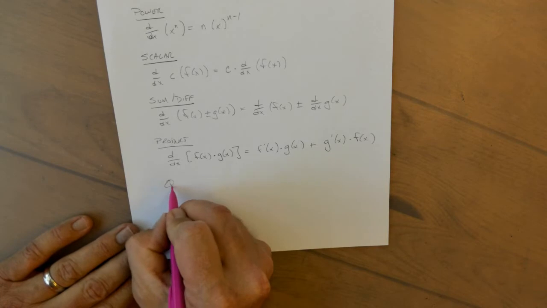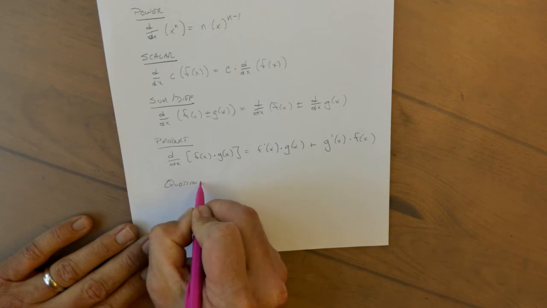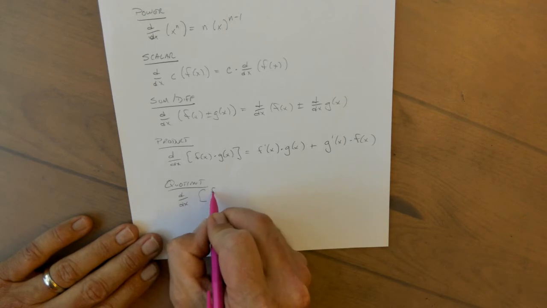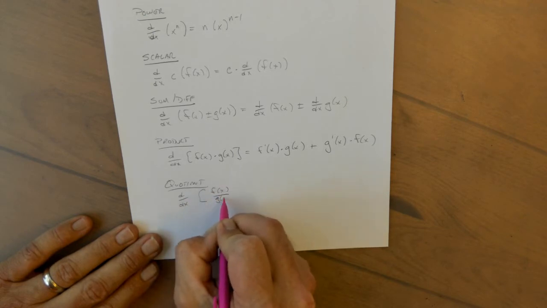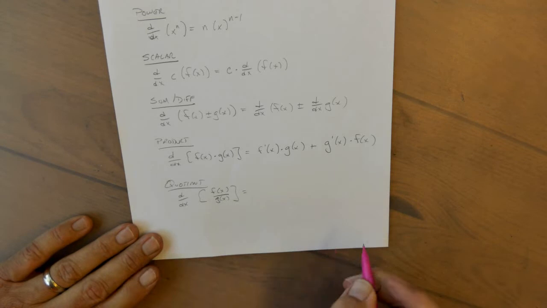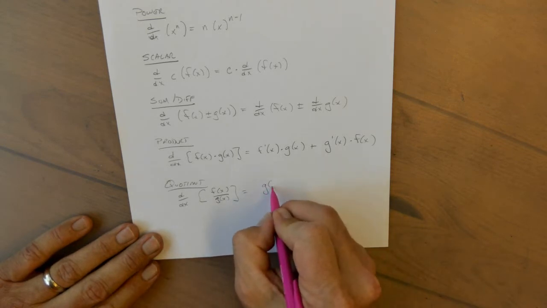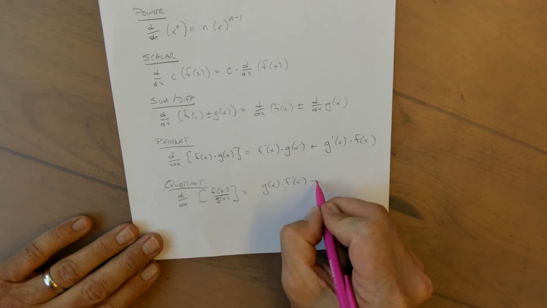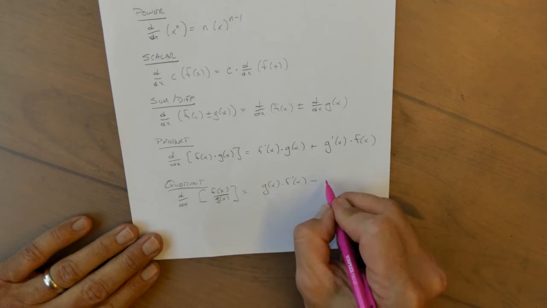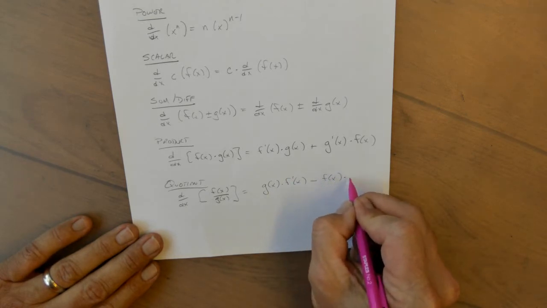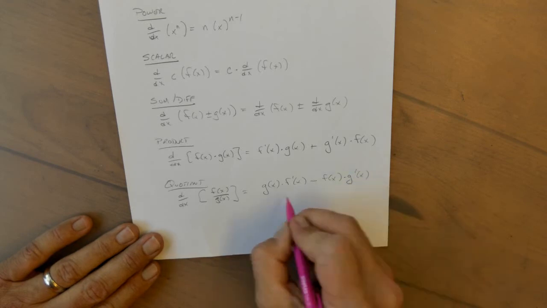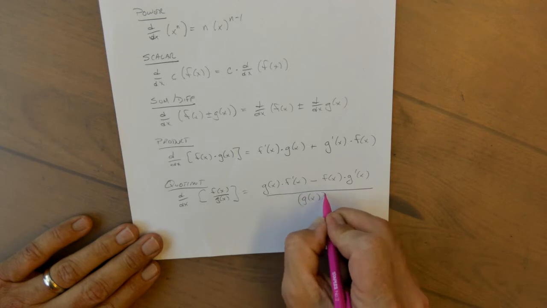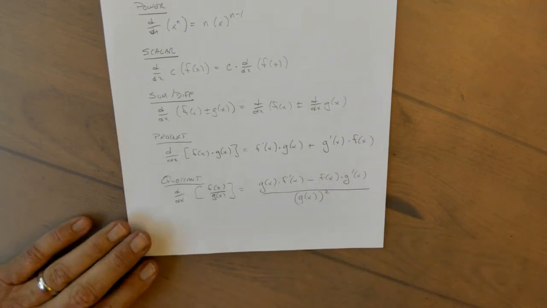And then finally, for now, we have our quotient. Here we'll do f of x divided by g of x. That's equal to g of x times f prime of x minus, so the order certainly matters here, f of x times g prime of x, and all of that is divided by g of x squared.